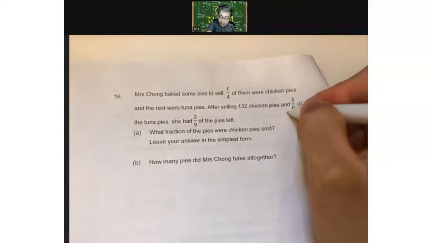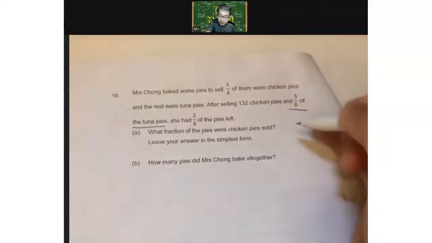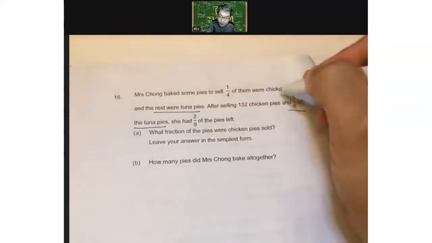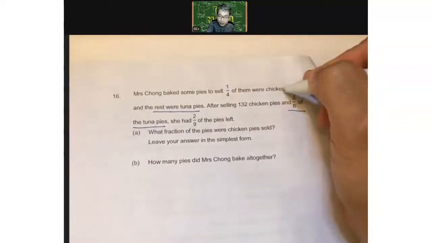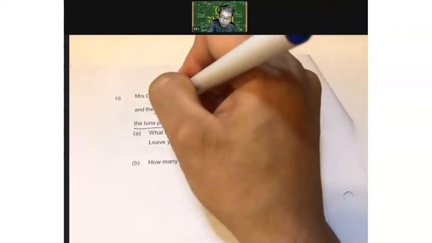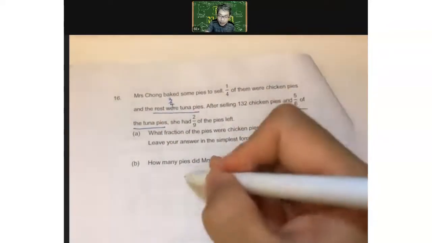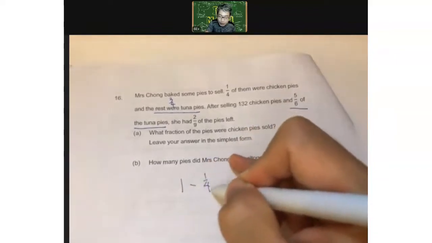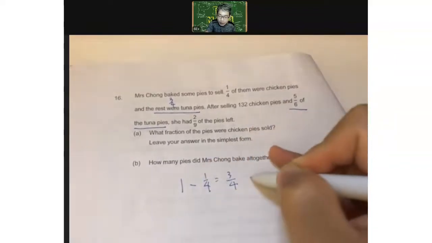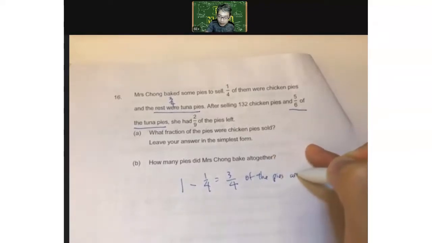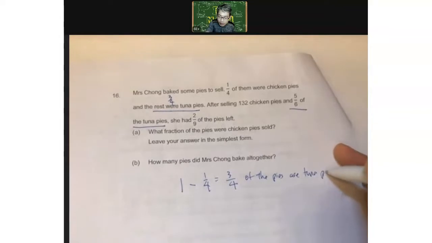If 1/4 of the pies baked were chicken pies, that means 3/4 of the pies baked were tuna pies, right? 1 whole minus 1/4 is 3/4.